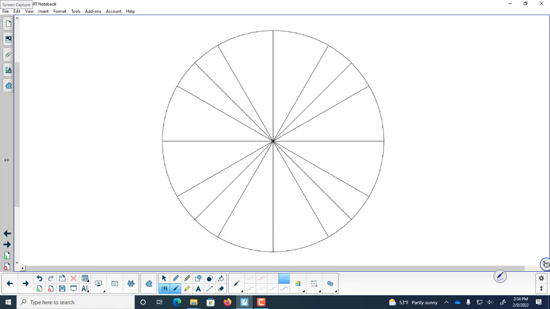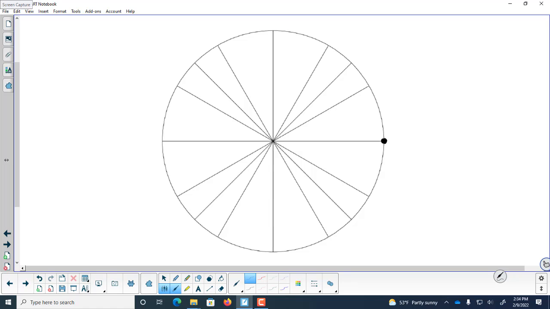Do you remember seeing those circles on day 2 or something? One of them had the 30s and the 60s, and the other one had the 45s. So we're just putting them together. Let's start with quadrant 1, and then you can fill in the others with symmetry.